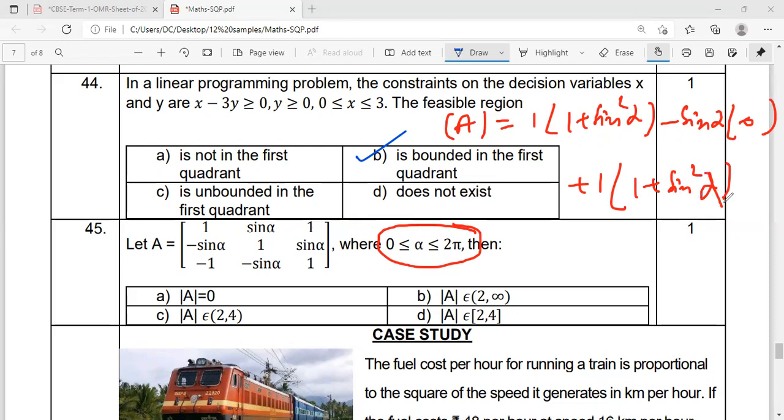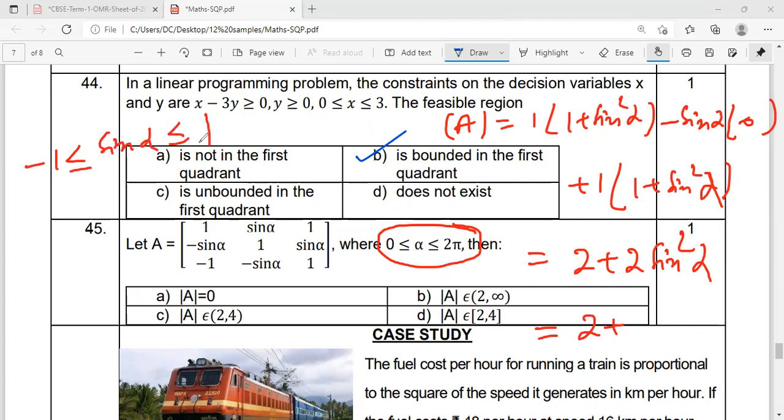So we can see that we are getting 1 plus sine square alpha, 1 plus this thing, which becomes 2 plus 2 sine square alpha. See, the value of sine alpha is always between -1 and 1.